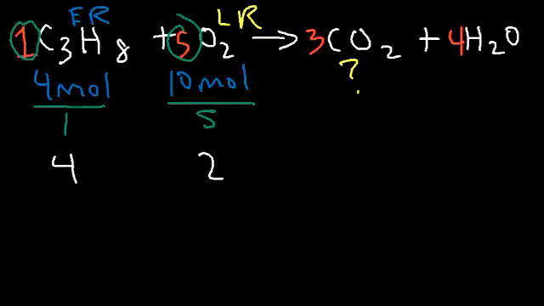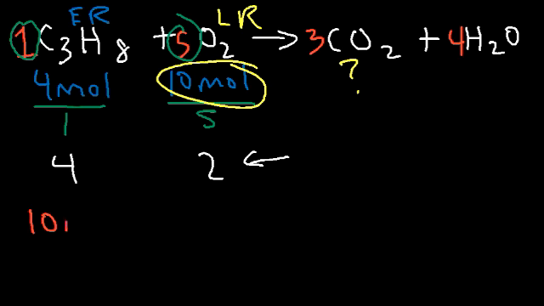So using this information, how can we find how many moles of carbon dioxide will be produced? So what we need to do is start with the moles of oxygen, the limiting reactant. The amount of product is always based on the limiting reactant. Don't start with the 2, because that's not the number of moles of oxygen that you have. That's simply the mole per coefficient ratio.